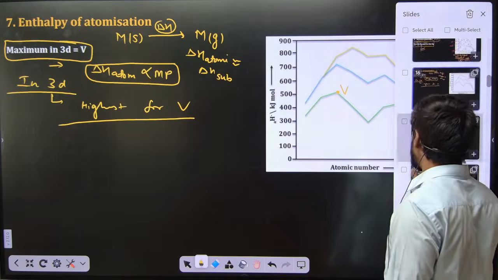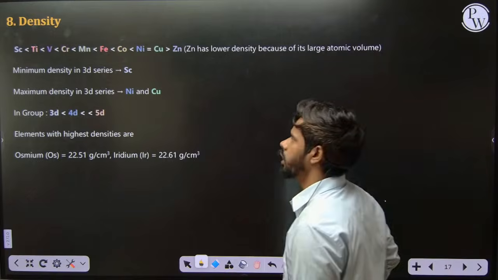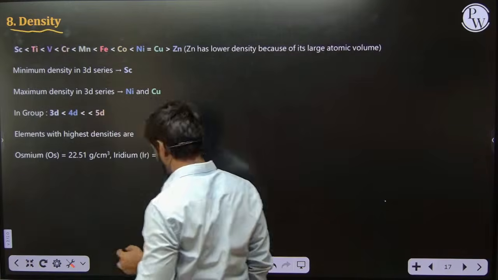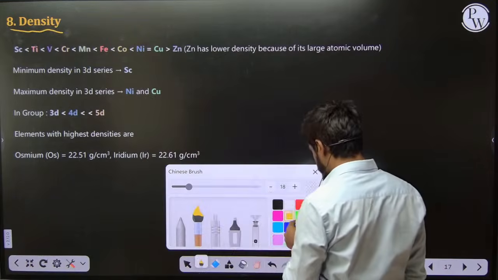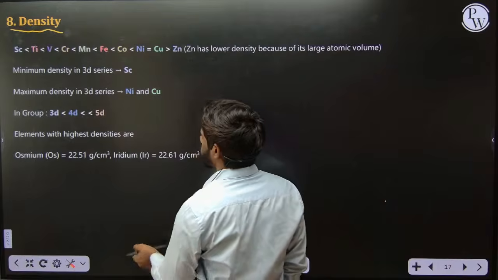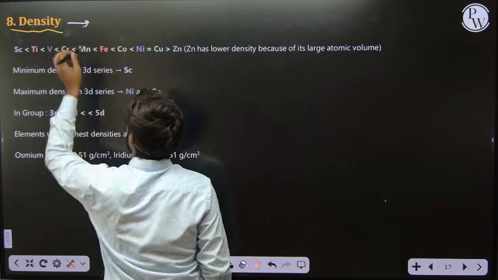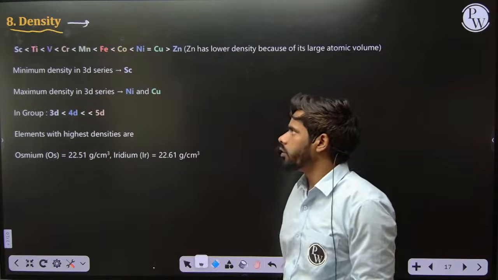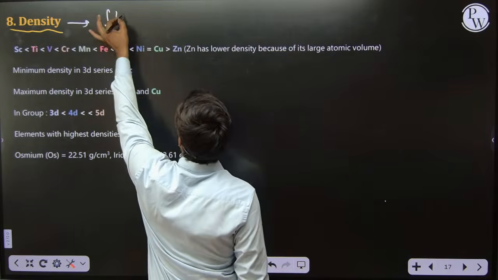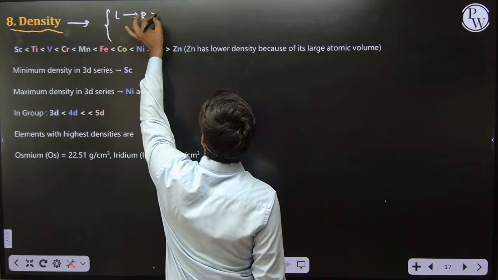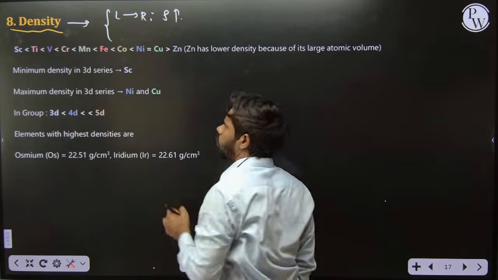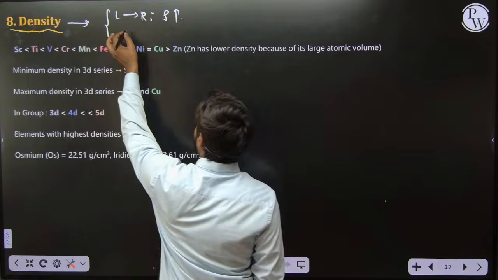Next property is the density of the 3d elements. Density increases as we move from left to right, and as we go down the group, it also increases.